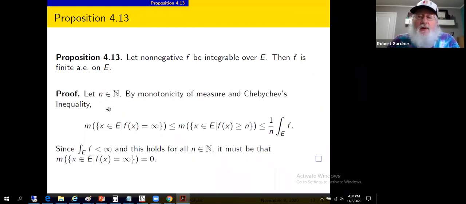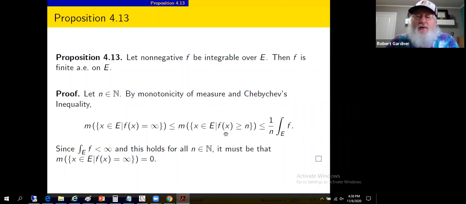All right, let n be a natural number. By monotonicity of measure, it's been a while since we talked about that, and Chebyshev's inequality, we get the following. So another application of Chebyshev: the measure of the set of x values where f of x equals infinity, the claim is that's less than or equal to the measure of the set of x values such that f of x is greater than or equal to n, n being a natural number.